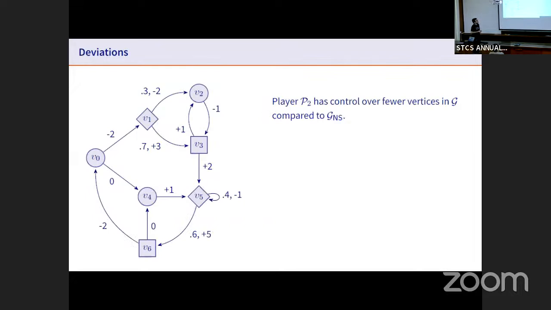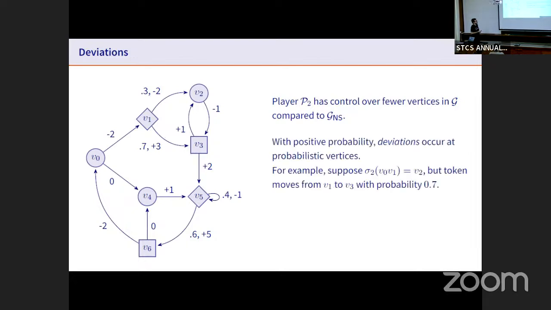So what are the issues in this proof that we had to overcome? Note that player 2 can control fewer vertices in G compared to GNS, and with positive probability, deviations may occur in the probabilistic vertices. So consider this game.